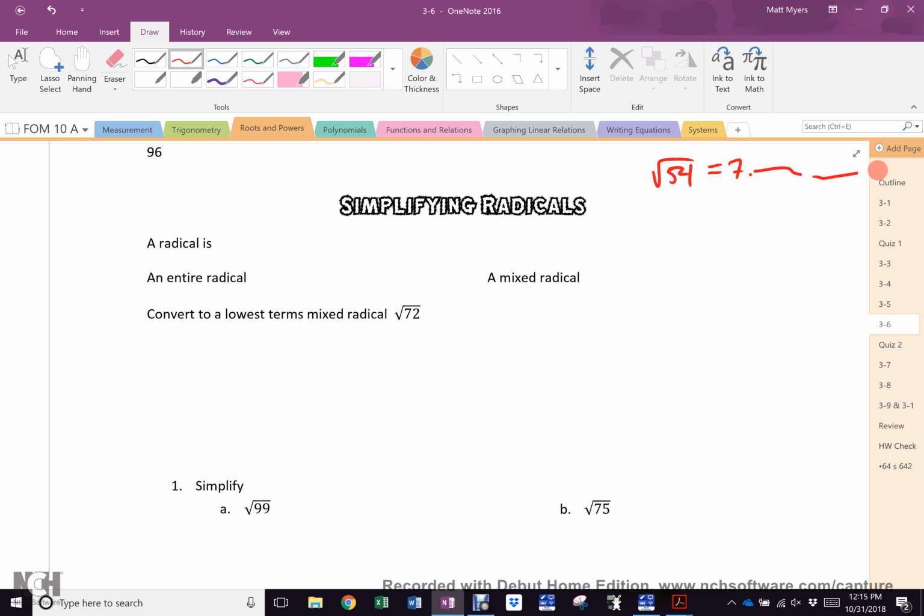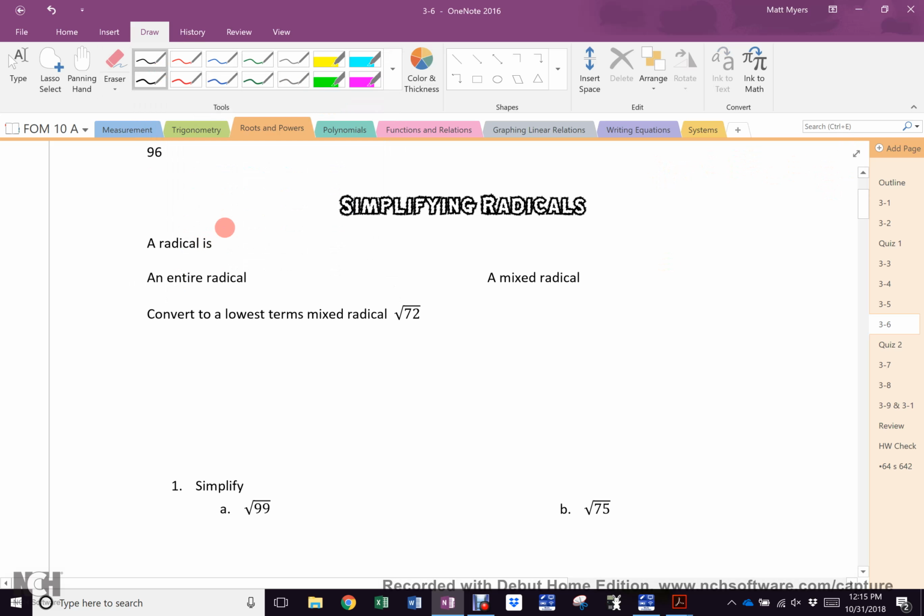From now on, what I'm going to show you today is what you are going to do when you are faced with any kind of irrational square root. Okay? But before we do that, we need to talk a little bit about the terminology that will be in play this section.